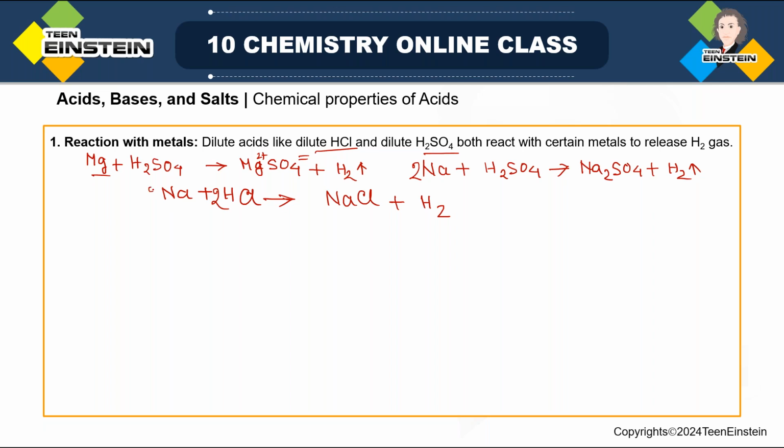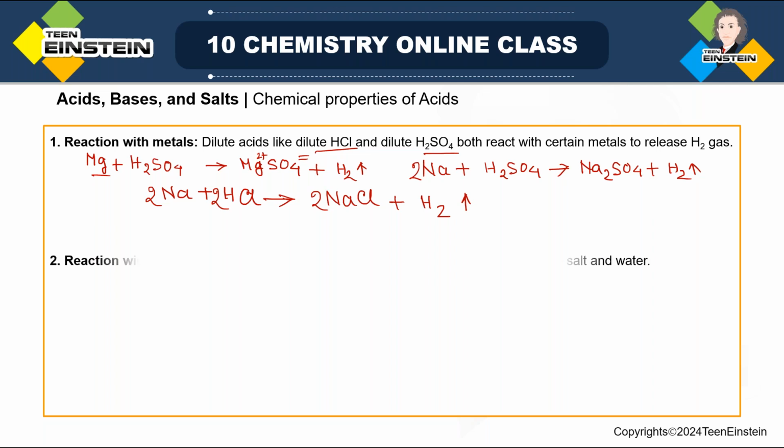Okay, so we have to balance it. It will be 2Na plus 2HCl, and there will be formation of 2NaCl, and two hydrogen atoms together will make H2 gas, which is the released gas. So these are the three example reactions between acid and metal.